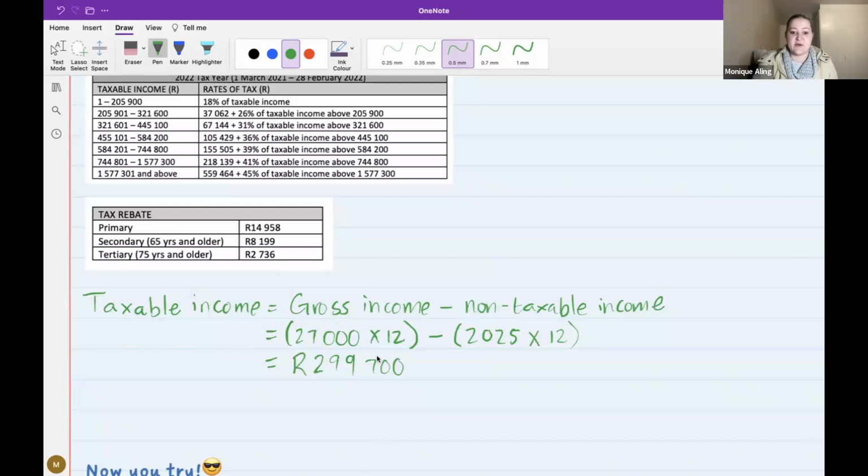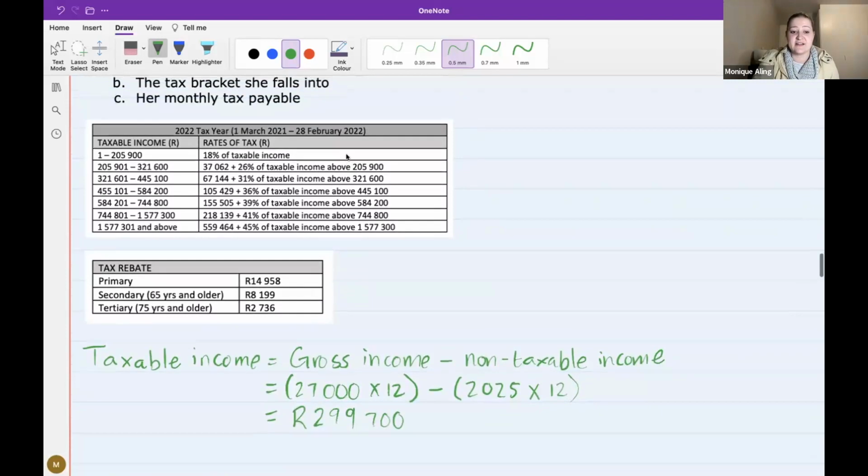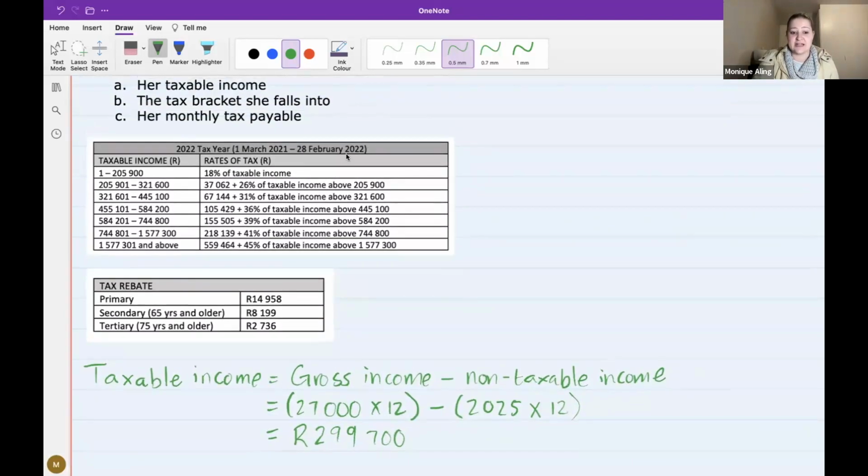Nice. I see we all have gotten that. Okay, so now that we've got the correct taxable income, question B says, determine the tax bracket she falls into. So we look at this 299,000 and we check which tax bracket it falls into. Is it tax bracket 1, 2, 3, 4, 5, 6, 7?